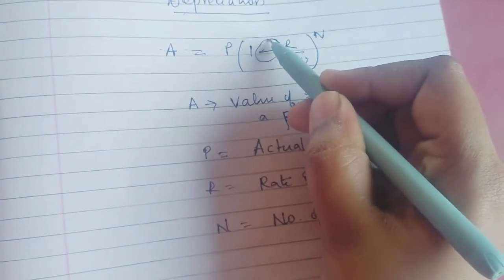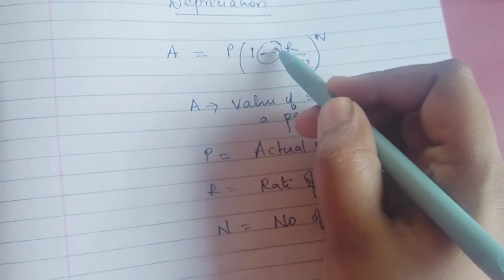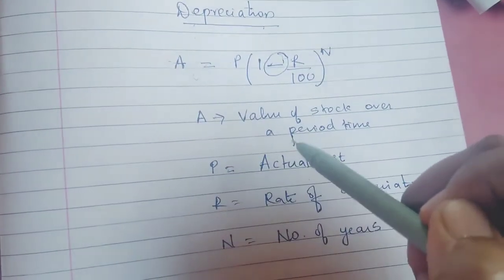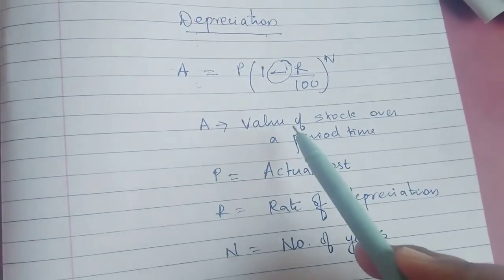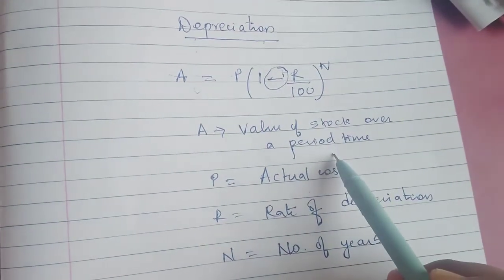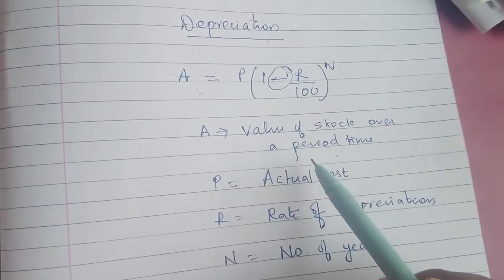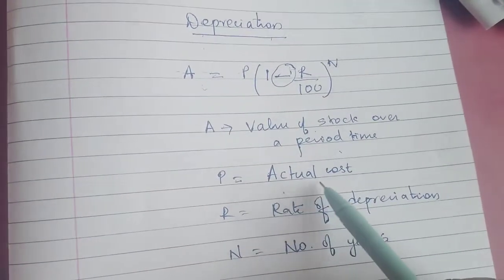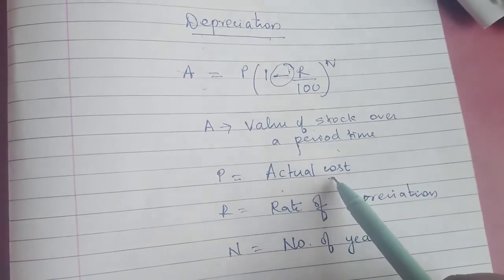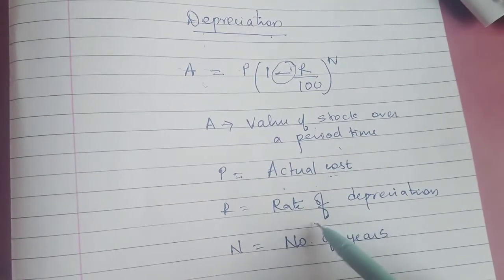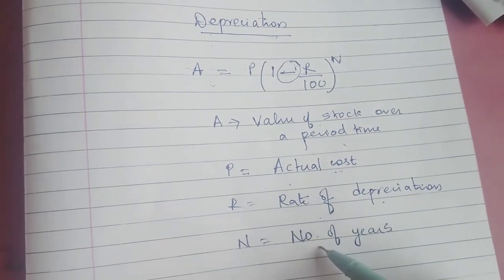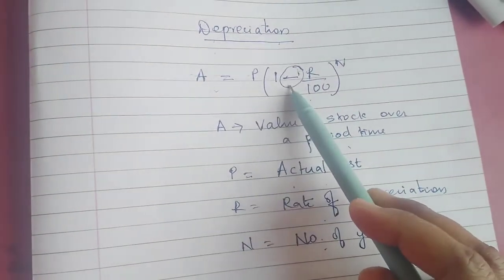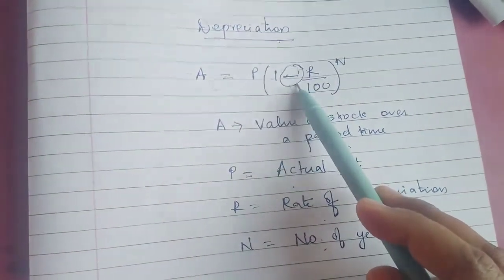It will be a minus sign, not a plus sign, in the case of calculation of the depreciated amount of that asset or any product. A stands for the value of stock over a period of time. After a few years, how much will be the value of that stock? Obviously, it will be less. P is for actual cost, at what cost it was purchased. R is for rate of depreciation, and N is for number of years. Okay, so this is the formula. Please remember the sign change here.